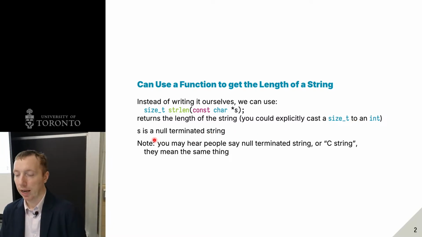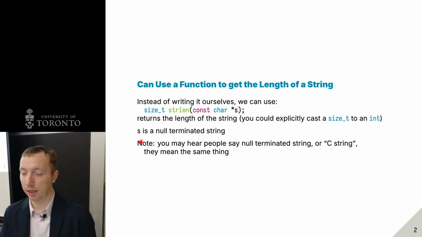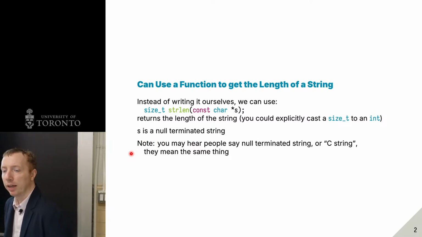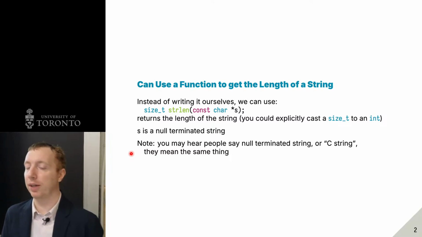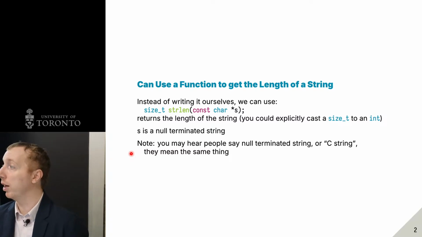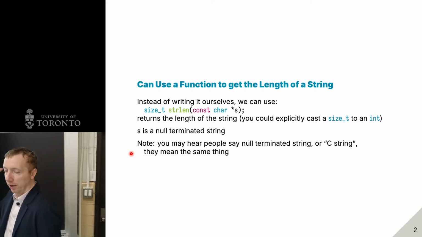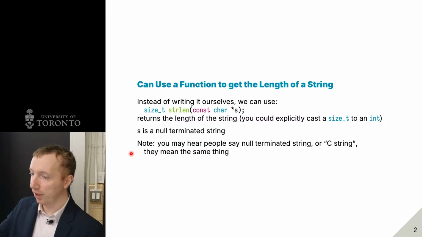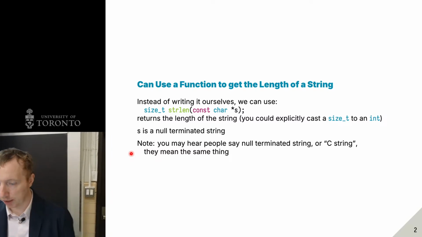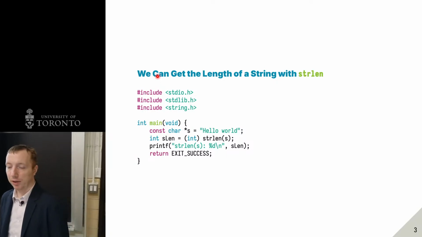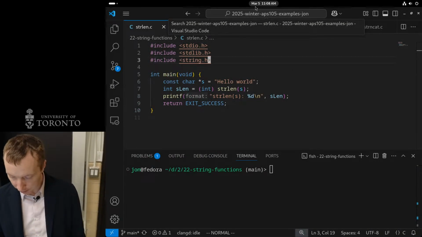And s has to be a null terminated string, so you might hear people say, or even I may have said it, a null terminated string or a C string, those two are one and the same. In some languages, some people might say the input's a C string, it just means it's a null terminated string.